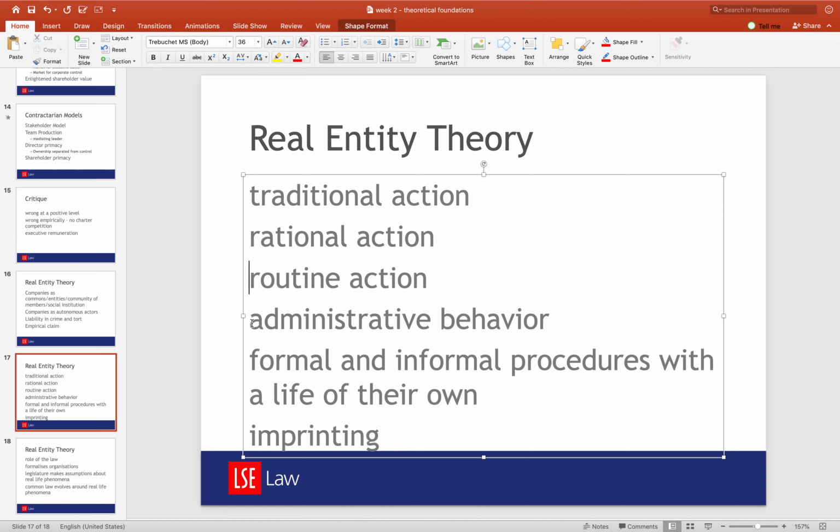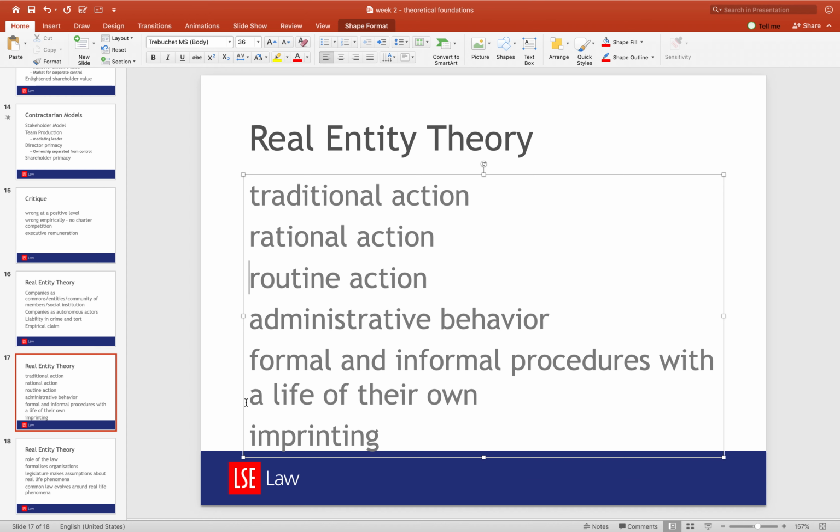And then there's something called administrative behavior. So when we form part of an organization, our behavior is shaped by the way people work around us. And when people work together, they develop formal and informal procedures to interact with each other. But those procedures take on a life of their own and become something that people learn when they join the organization, don't question at that point, and that is constantly shaped but has its own existence, which then leads me to conclude that organizations are autonomous in their own right.